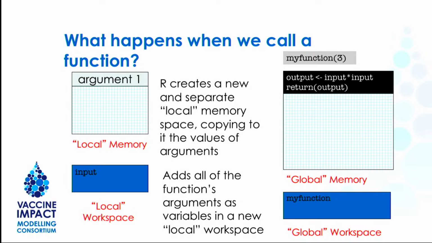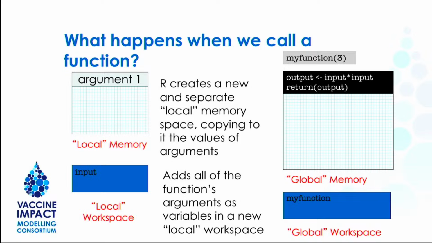When we call a function, so when we say I want to do my function with the argument 3, then R goes through another series of events. It makes some new objects. The first thing it does is create a new and separate memory space which is just local to the function. So there's the global memory space where you have all your data that you're working on and your function definitions.